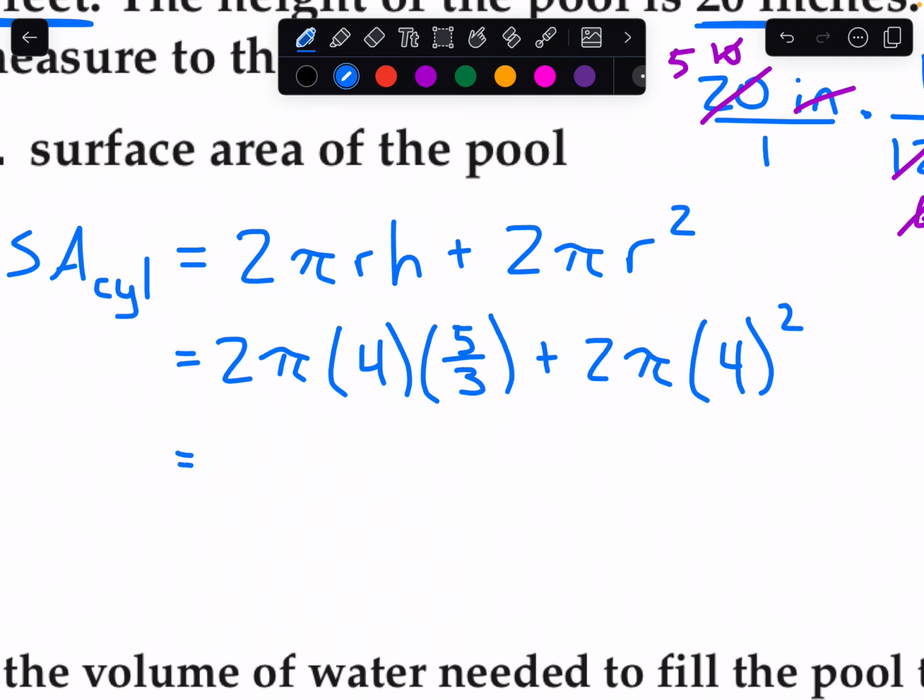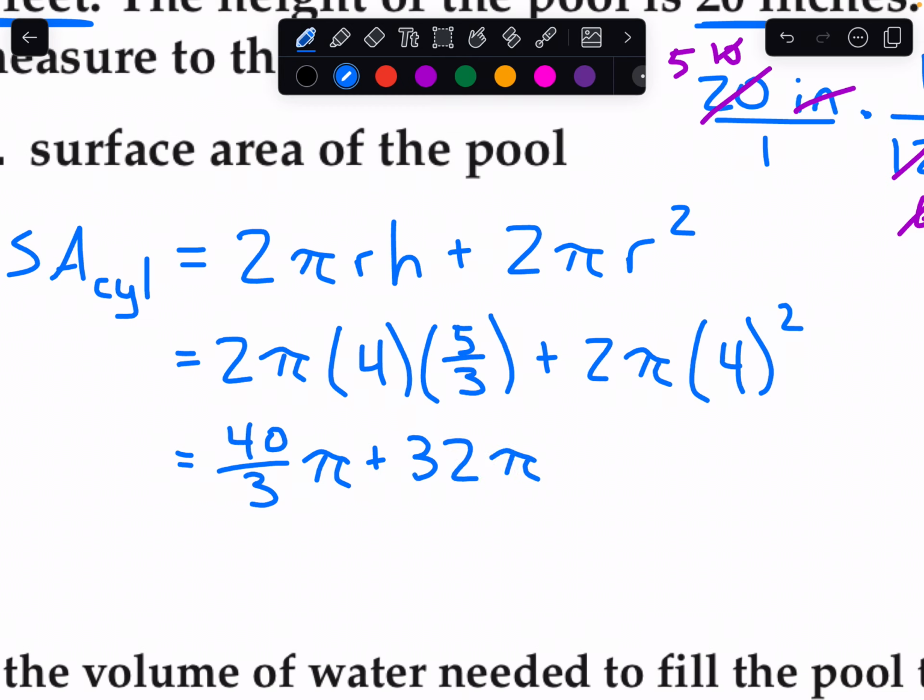And this would be 2 times 4 is 8. 8 times 5, 40. Yes, 40/3 pi plus another 4 times 4, 16 times 2, 32 pi.